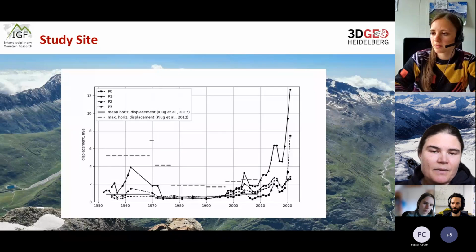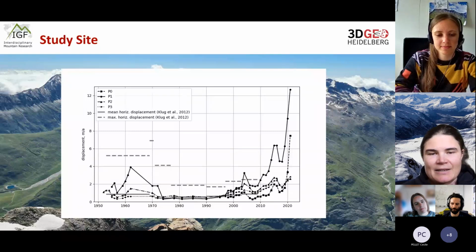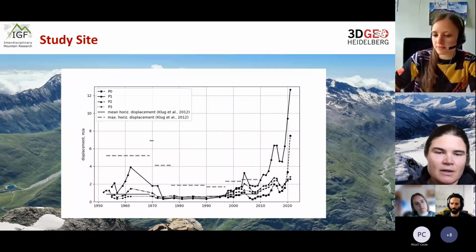The point I'm trying to make here is that the most recent years, the last four or five years, have been really interesting at the lowest two profiles. As I said, we don't have a bigger project around this. We just go and see how the rock glacier is doing every year. Obviously, we noticed that something is happening, and we were curious to see if we can figure out in a bit more detail what is happening.